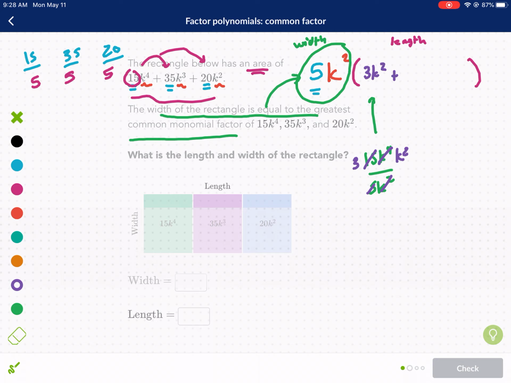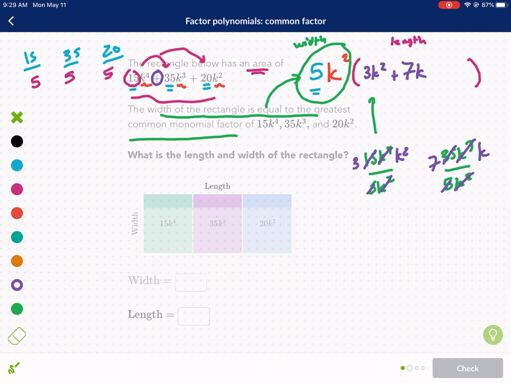We keep the positive because it's positive here. And now we proceed to the next term: 35k cubed divided by our greatest common factor, 5k squared. We cancel 35 with 5, we're left with 7. K cubed with the k squared, we're left with k, so we get 7k.